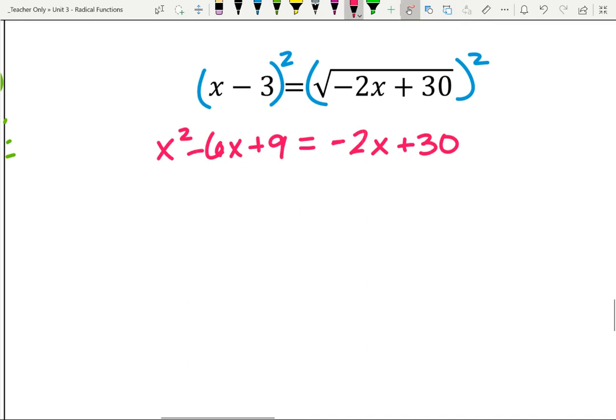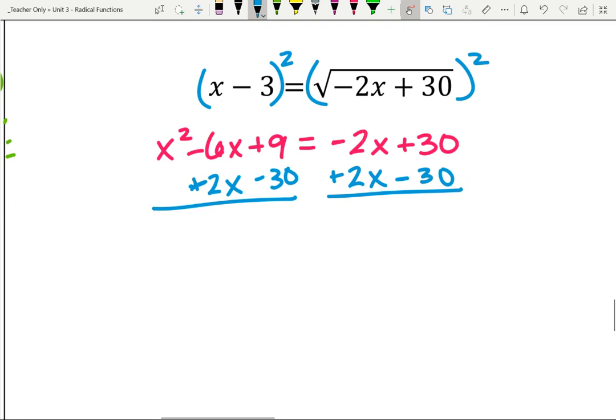So once again, this is a quadratic equation now. We have to apply those quadratic strategies, getting one side set equal to 0. So I'm going to use my inverse operations there, adding 2x to both sides and subtracting 30 from both sides. And when I clean that up a little bit, I get x squared minus 4x minus 21 is equal to 0.